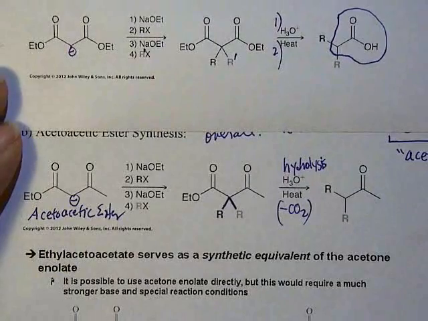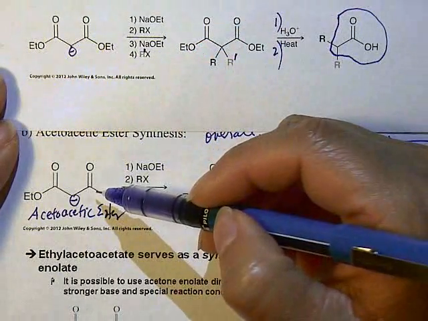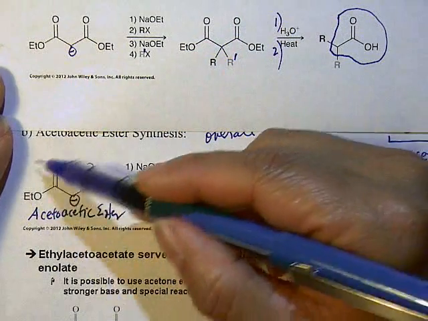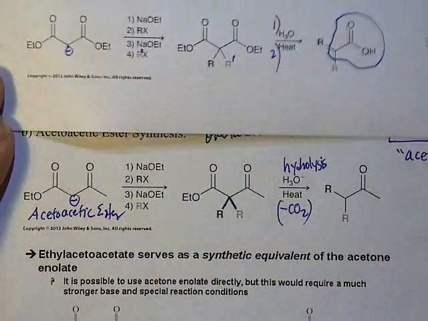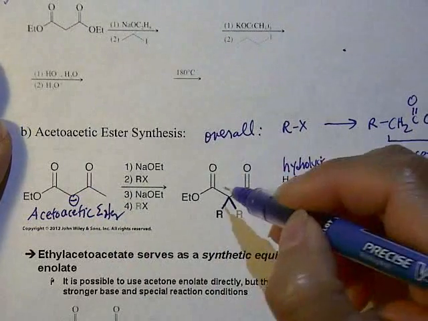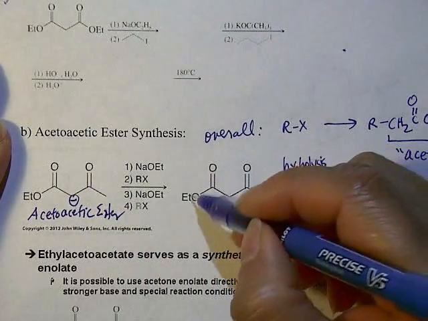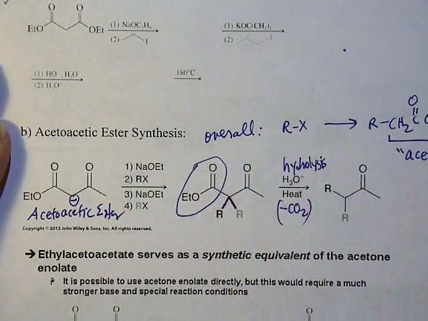Okay, so notice the difference between acetoacetic ester and the malonic ester. The malonic ester is a diester. Here, the acetoacetic ester is just an ester on one side and a methyl group on the other side, so it's a ketone and an ester. So when you decarboxylate, after you hydrolyze to the carboxylic acid, this is what's going to be removed.